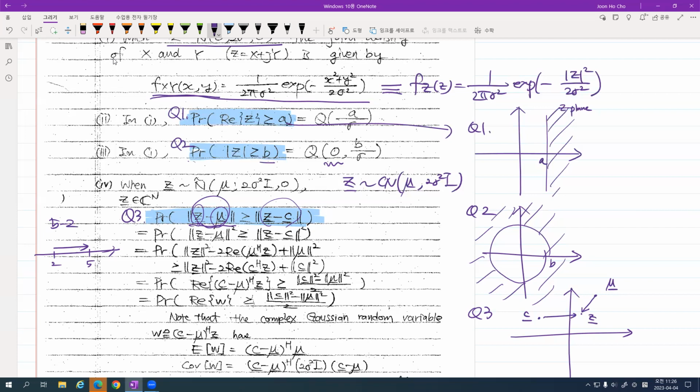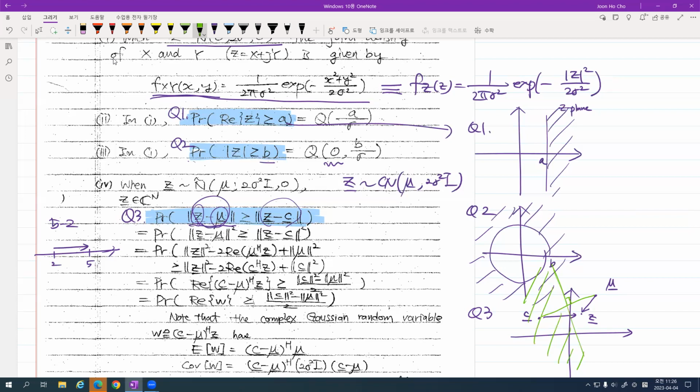So you draw a straight line connecting mu and c and divide by 2, and z must be further from mu. So that area, am I right?